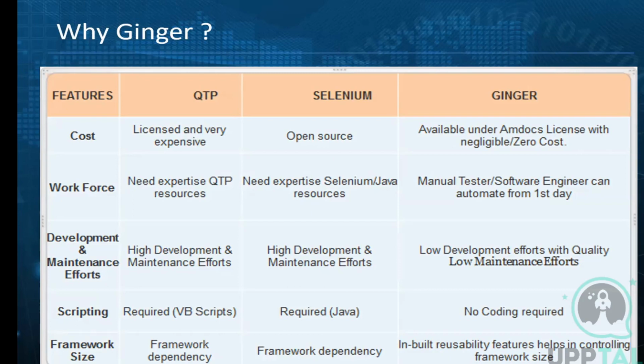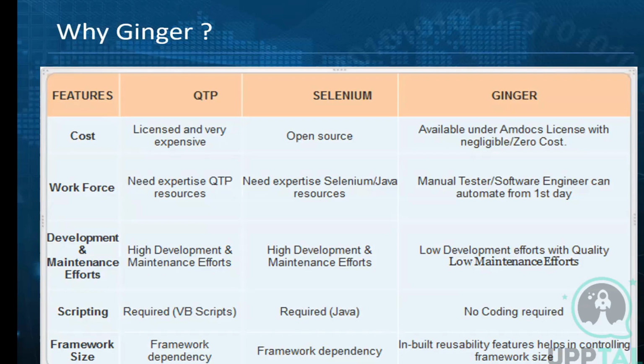Next point is the scripting part. Definitely in QTP, we will require VB scripting knowledge. VBScript is nothing but Visual Basic. Those who have worked on QTP know this; I have also worked on QTP, by the way, so I know how much scripting knowledge is needed.